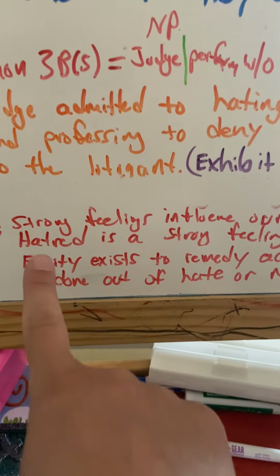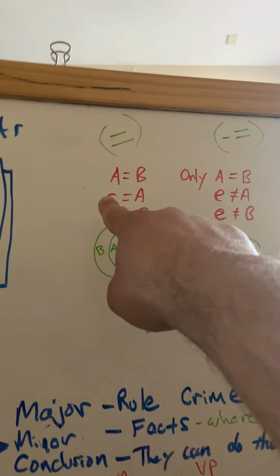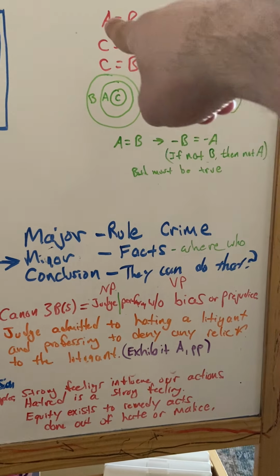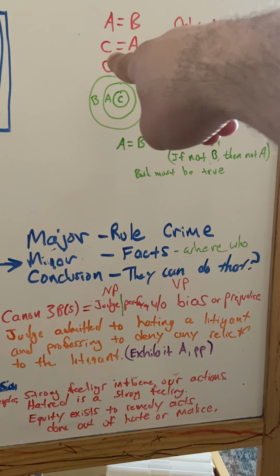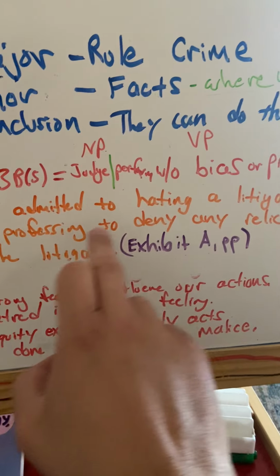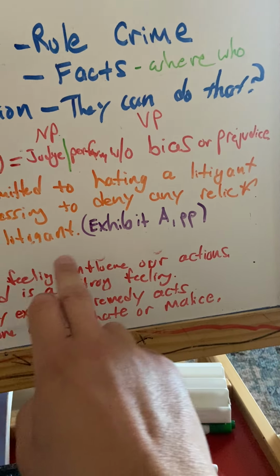All right, now this was our minor. The judge admitted to hating a litigant and professing to deny any relief to the litigant.